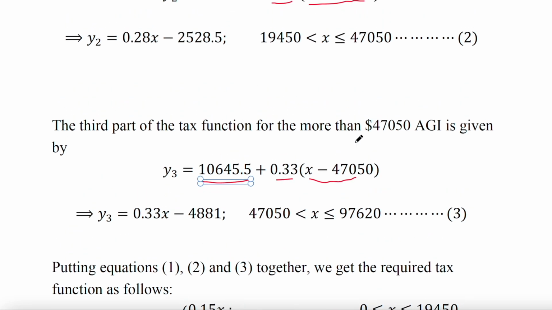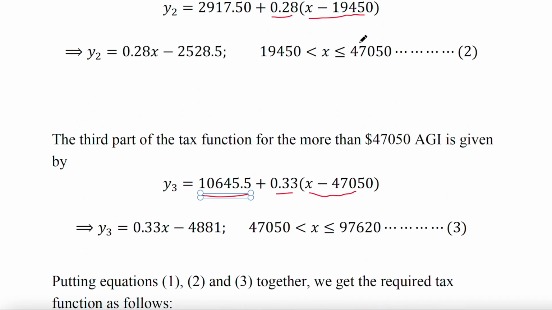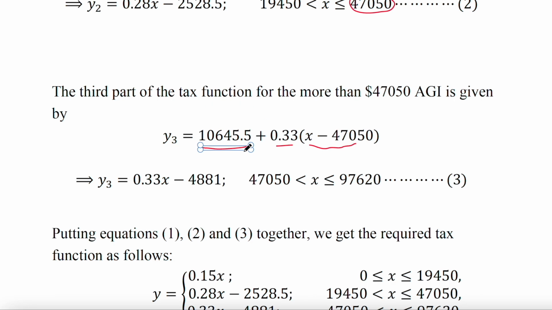Remaining part means you need to subtract the highest amount of the previous range. That is the remaining part, x minus $47,050. So after calculation, if you simplify this part, it will be like this.